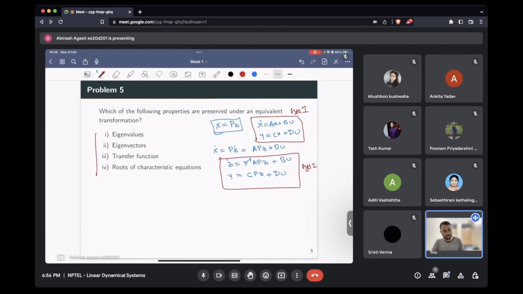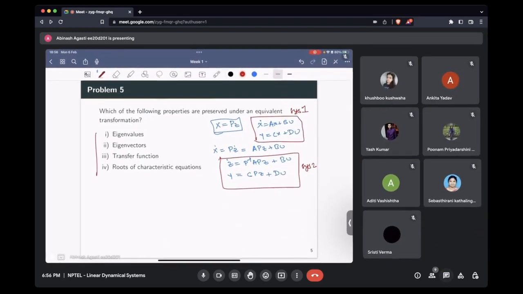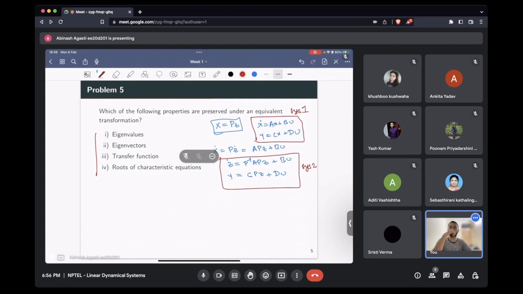Let's take eigenvalues, for example. If I have some eigenvalues for system one, are those the same when I find the eigenvalues for system two? That is the question. Does anyone have an answer, or do you want to take a guess? What do you think the answer should be? Maybe you can type it in your chat box. Just try to make a guess about which ones should be preserved under such a transformation.